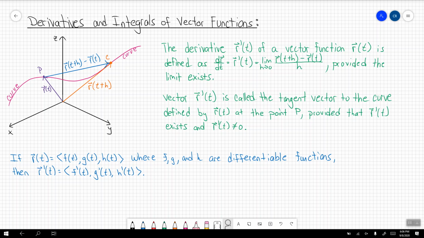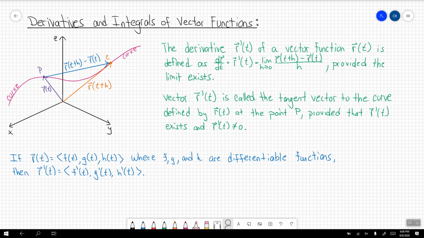In the picture on the left of your screen, you'll see the axes, the coordinate system x, y, and z, and you'll see this curve on screen. You'll also see a vector shot from the origin to point P, denoted as r of t, and another vector that ends at point C, taken from the origin, which is r of t plus h.